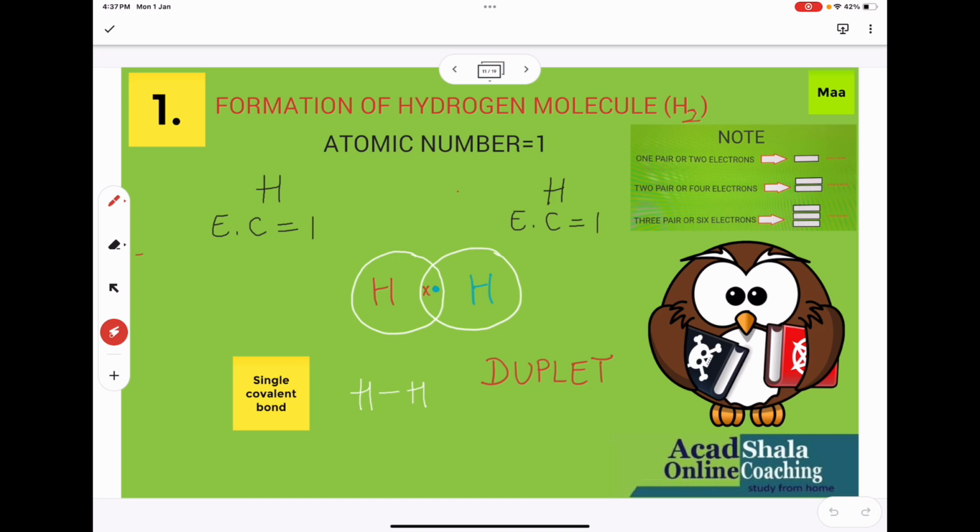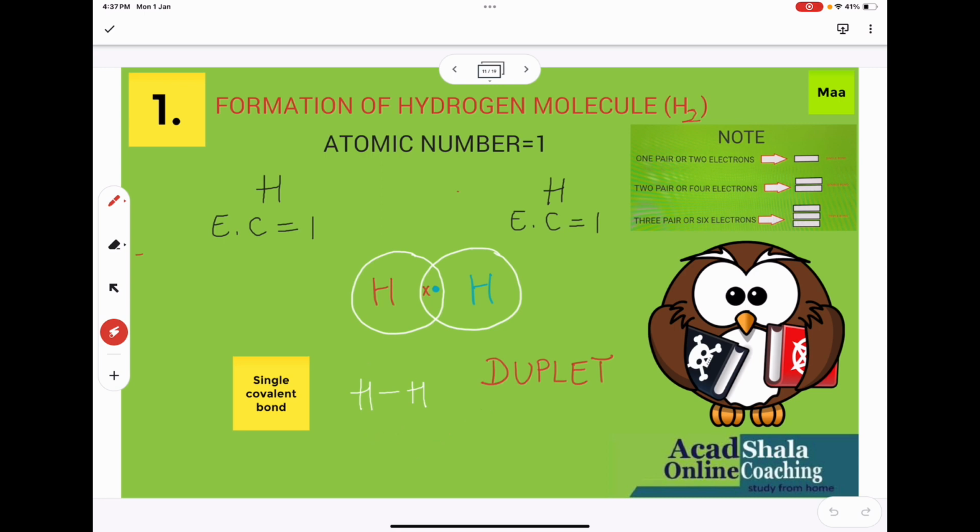But it also attains the stable configuration. That means by each hydrogen atom sharing its 1 electron and forming the duplet, that is 2 electrons in sharing, a single covalent bond will be formed as shown over here.